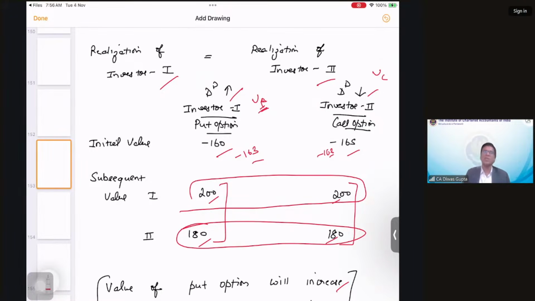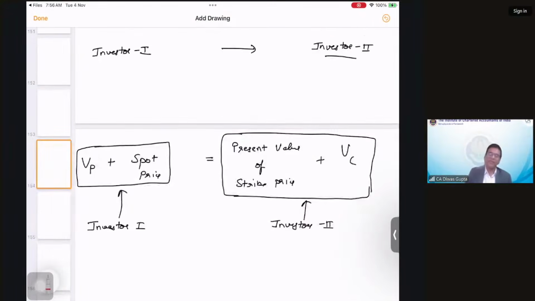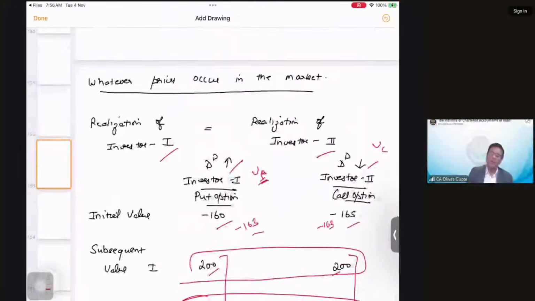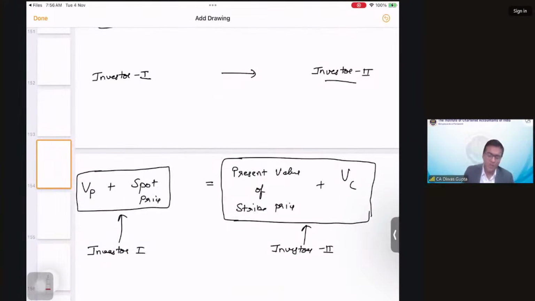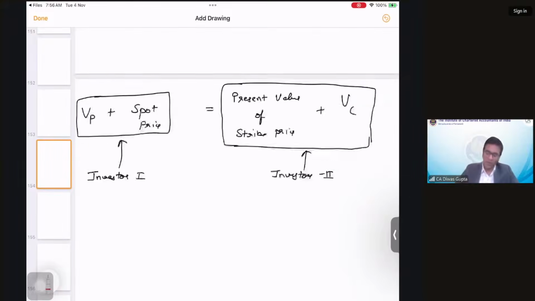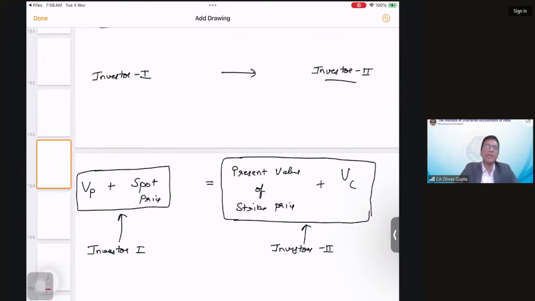The reason is that the subsequent cash inflow is similar, and hence we have equated investor 1 and investor 2's portfolios, which is value of the put option plus spot price is equal to present value of strike price plus value of the call option, students. I hope this concept of the put call parity theory is clear. Let me just take a pause and check.